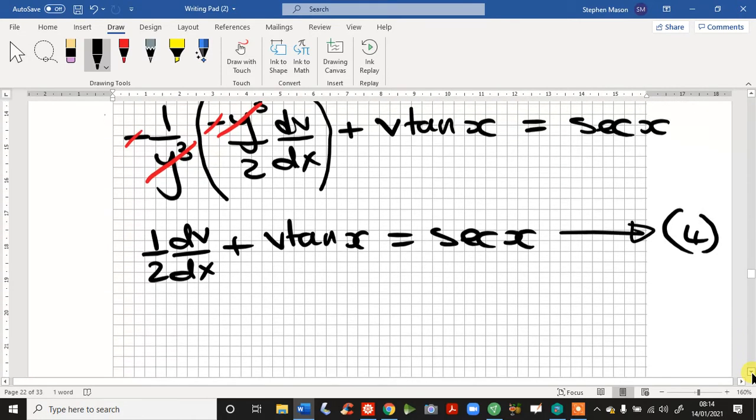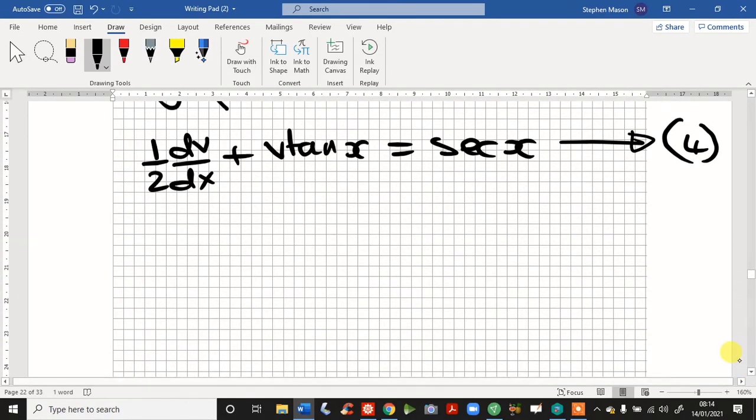Now, we'll simplify that a little bit further because we don't want the coefficient of a half in front of the derivative of v with respect to x.